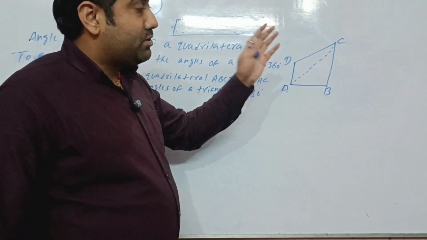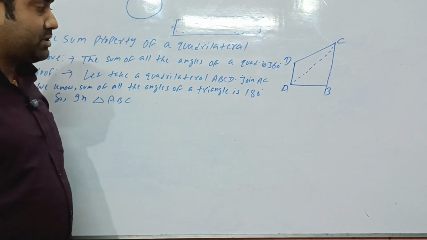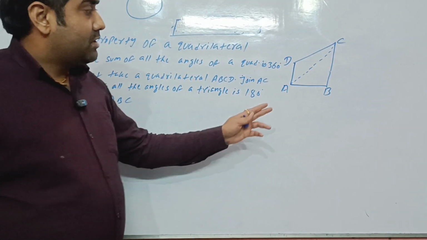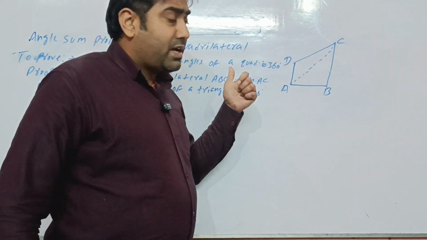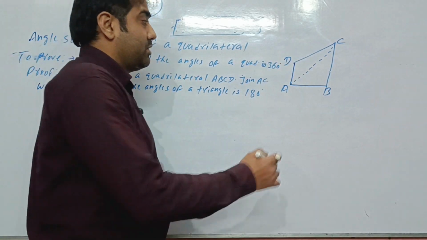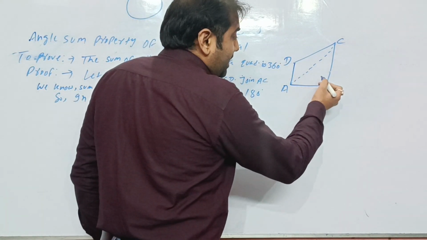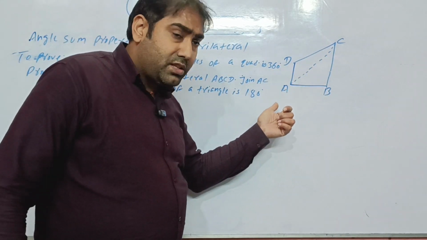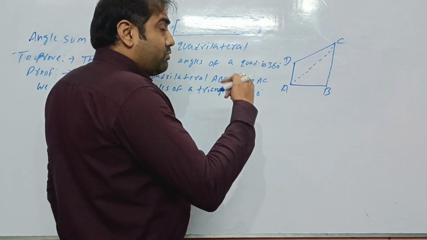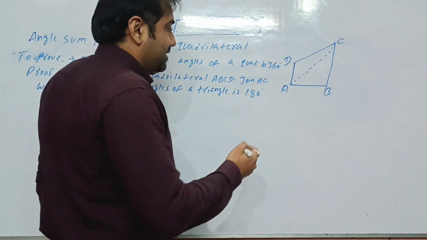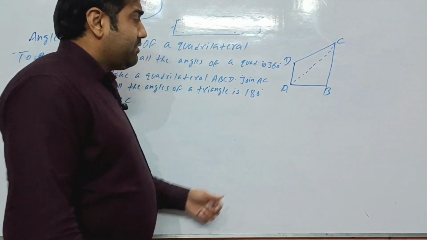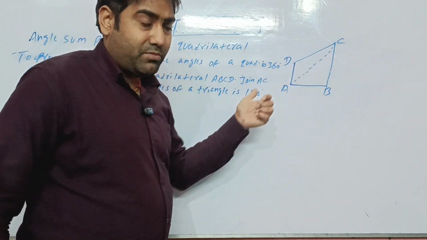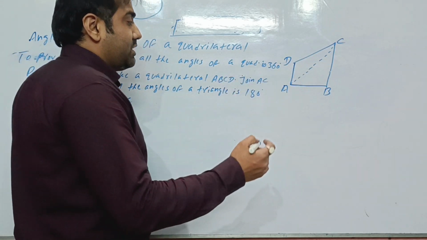But before going to any further process, we first draw some more angles. Prior to the diagonal, we have only 4 angles: angle A, angle B, angle C, angle D. But once we draw this diagonal, we get 2 angles extra.